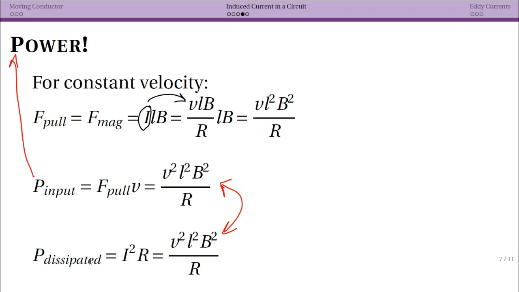And remember that capacitors are something that store energy. So you could think about power going into storing energy in a capacitor, but we don't have one here. So these match, which is nice. This is what we would expect. So we've used two different ways to get there. Everything works out.